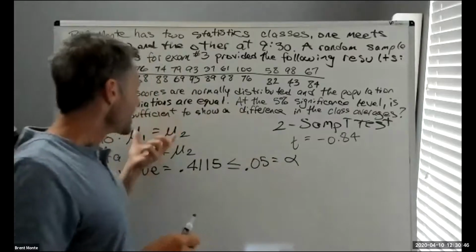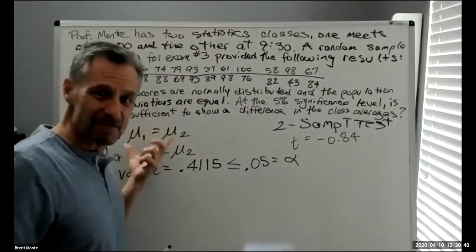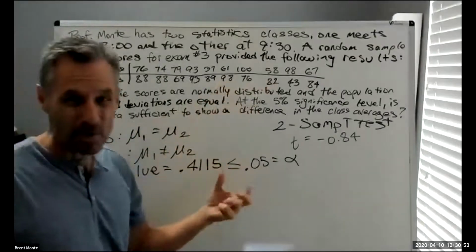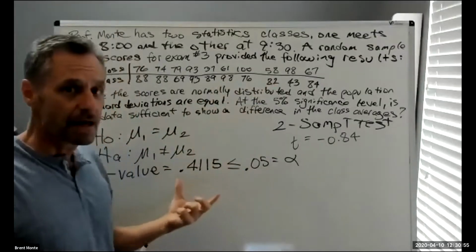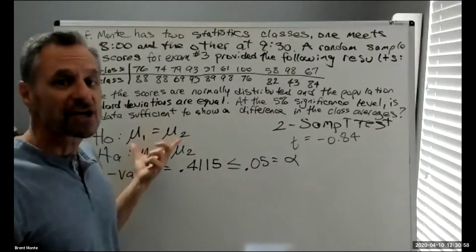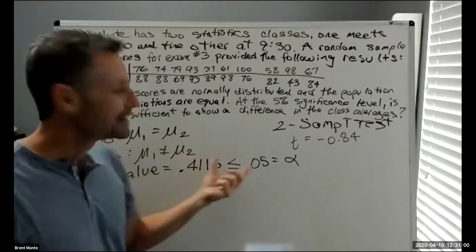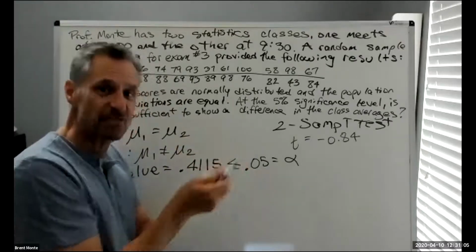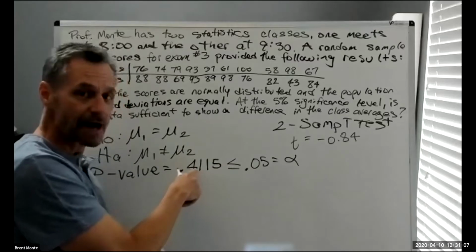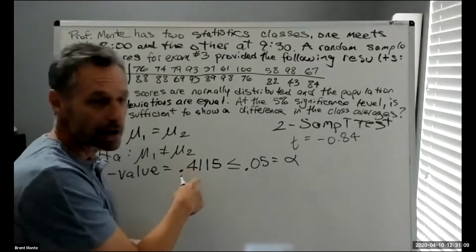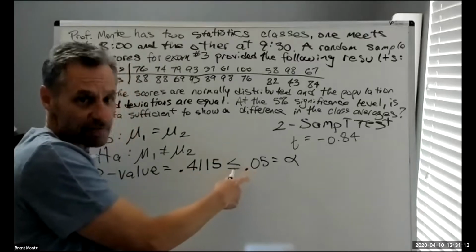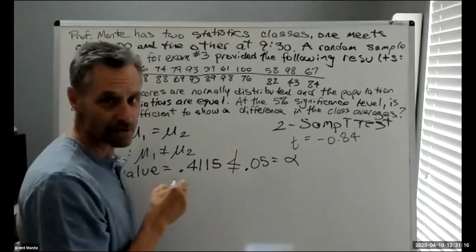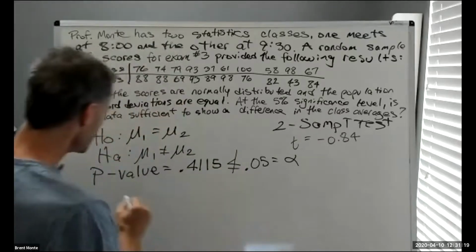I'm going to say, hey, I don't believe mu1 is equal to mu2 if I would get these sample results so rarely that I don't think it could just be sampling error. Well, this says I would get my sample means this far apart 41% of the time. Well, that's not very rare at all. It's definitely not below our level of 5%. So I say, oh, that's not less than or equal to 5%. So I do not reject the null hypothesis.